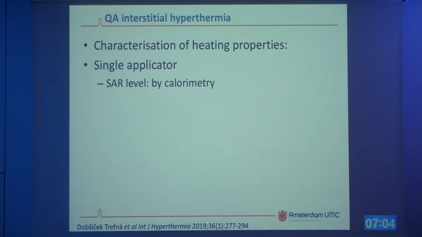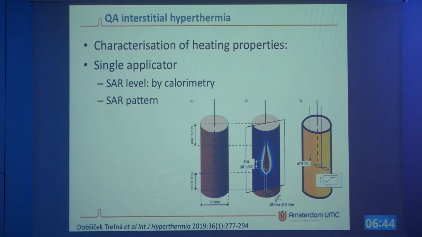The heating properties. Well, first of all, we outlined what sort of properties are required for the single applicator. And we decided that in view of the very localized heating pattern, we used a calorimetric method to characterize the applicators. So that means you insert the applicator in a cylindrical tube which contains a saline, and you heat for a specific time period, and after the time period you should have sufficient temperature elevation.